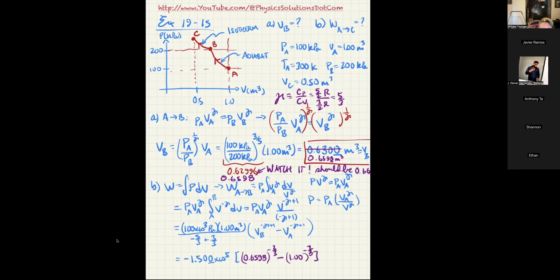And I don't know why it's part purple and part blue, but we're going to go with it. Okay. So if I raise this 0.6598 to the, oh, it's supposed to be to the negative 0.6666.